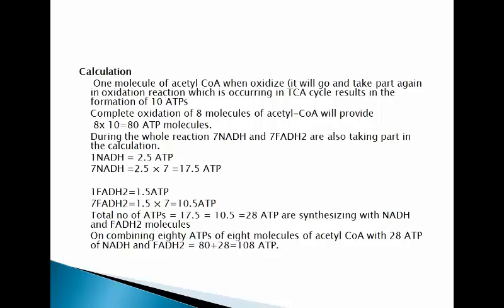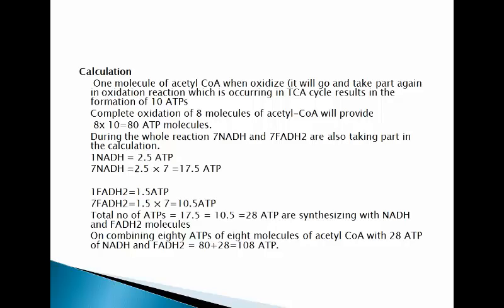As here 7 molecules of NADH are produced, a total of 17.5 ATP molecules are produced. And 1 molecule of FADH2 will produce 1.5 ATP molecules. So the 7 molecules of FADH2 will produce 10.5 ATP molecules. So the total number of ATPs produced from 7 molecules of NADH and FADH2 is 28 molecules of ATP.